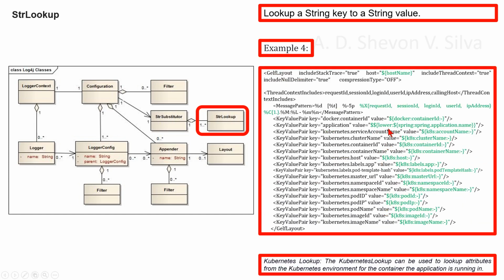As an example, we can consider Kubernetes lookups. The Kubernetes lookup can be used to look up attributes from the Kubernetes environment for the container the application is running in.